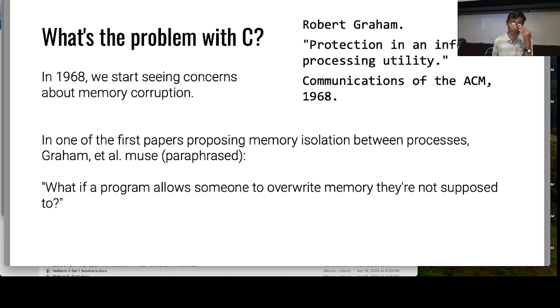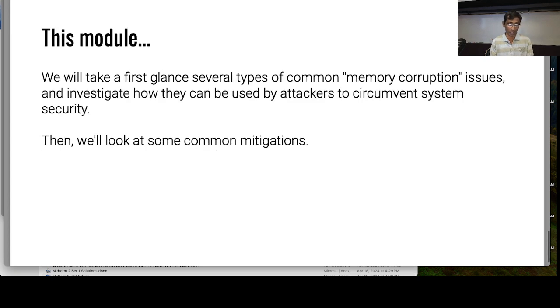So what happens if some process corrupts the memory and affects the normal functioning of another specific process?